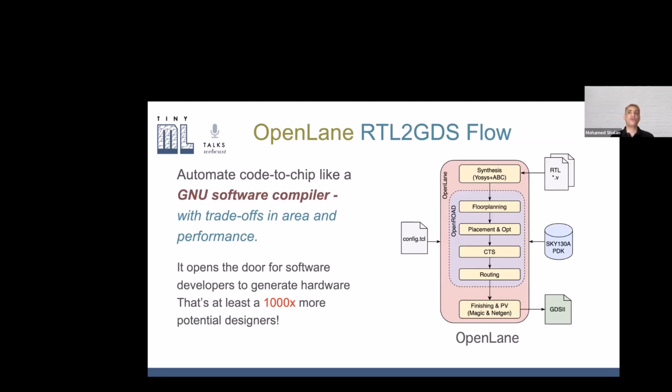When you model or describe the hardware that you want to implement into silicon, you can just give the RTL files that describe your design to OpenLane, and OpenLane will take it through different steps.